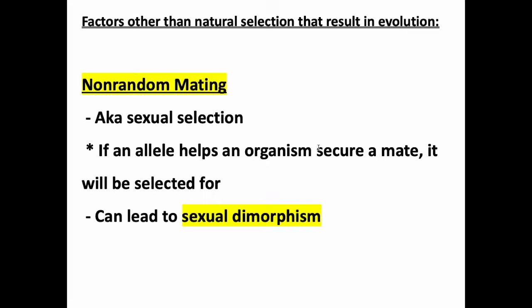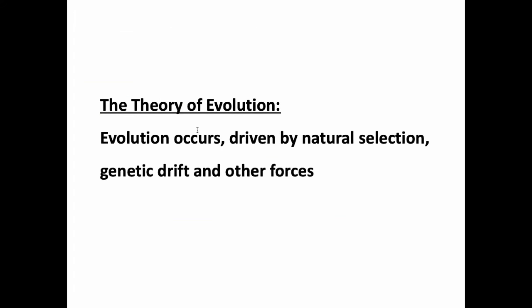Okay, we can finally put everything we've looked at in this recorded lecture together to define the theory of evolution. It's not as long as it sounds. The theory of evolution can be defined as: evolution occurs.